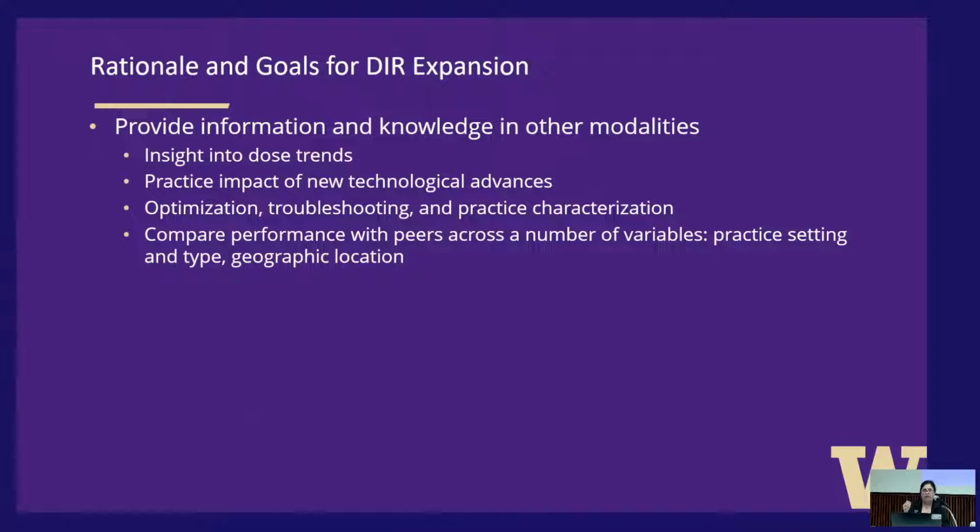If I'm in a big city like Bangkok, and I want to compare it to another big city, I can see what the dose trends are. If I'm in a rural area, if I'm in a community hospital, it really gives you the ability to dissect the information according to the facility and the geographic location you are at.